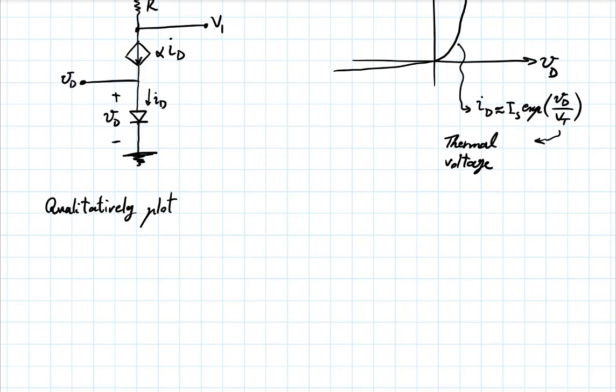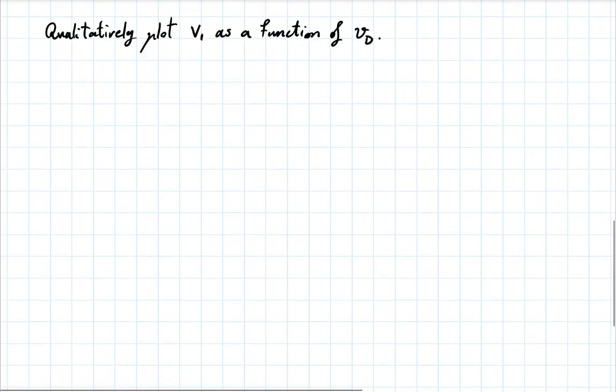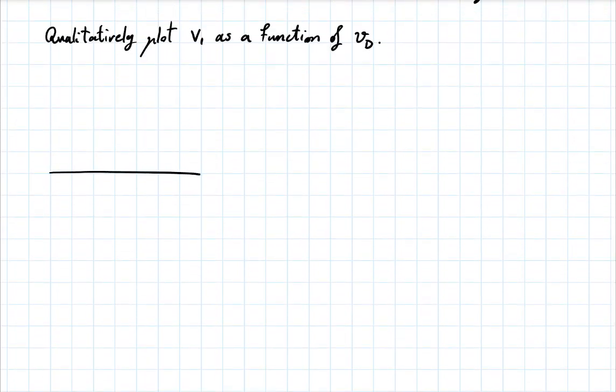Qualitatively plot the transfer characteristics from the input to the output of that circuit, namely V1 as a function of VD. So you want a plot on axes like this: V1 as a function of VD.